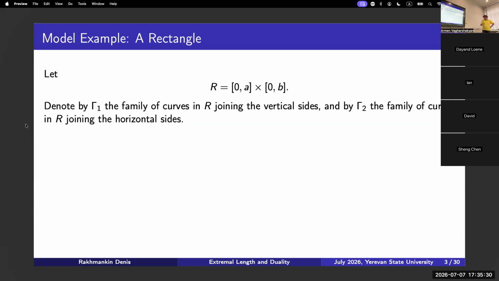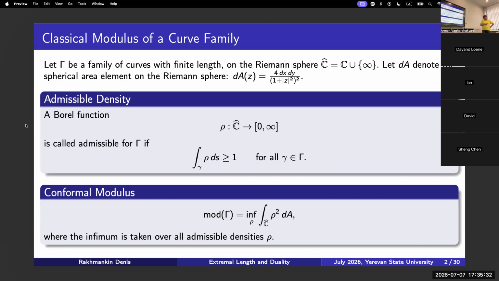Why did you call it energy? It looks like energy, I mean, because it's just an integral of a square. It's almost like energy, not completely, because it's a convex function.